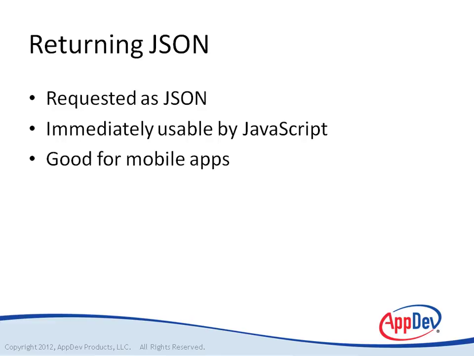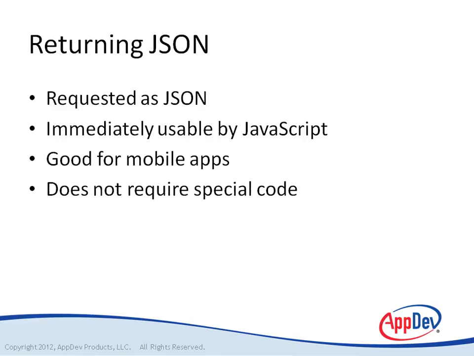This is one of the reasons it's good for mobile apps, because it's so lightweight. The data transfer is very fast. The mobile apps don't have to deal with a lot of data, either in memory or in transit. And when we write our mobile apps, if we are making them in HTML5 and JavaScript, we don't need to put a lot of code into that mobile app to handle changing the data format into a way our application can use.